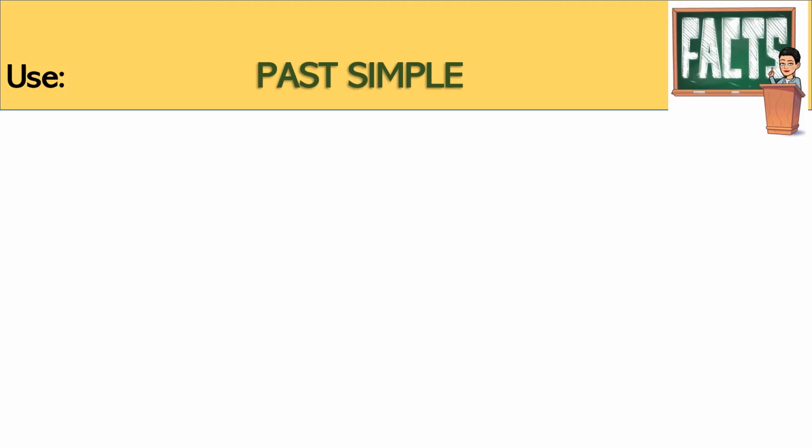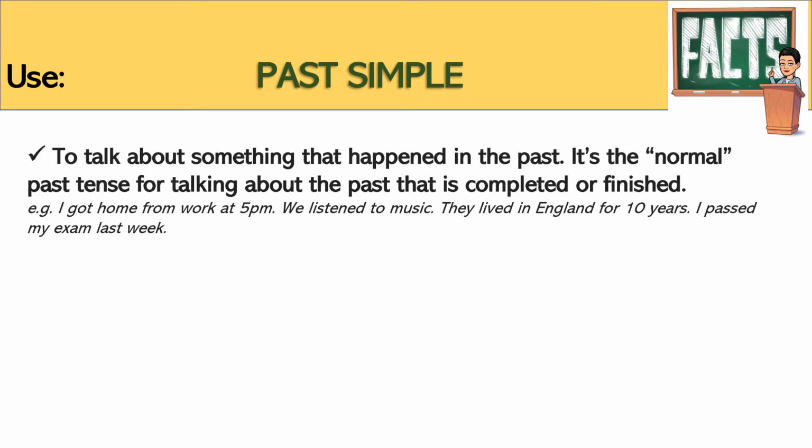So when do we use past simple in English? When you want to talk about something that happened in the past. It is the normal past tense for talking about the past that is completed or finished.